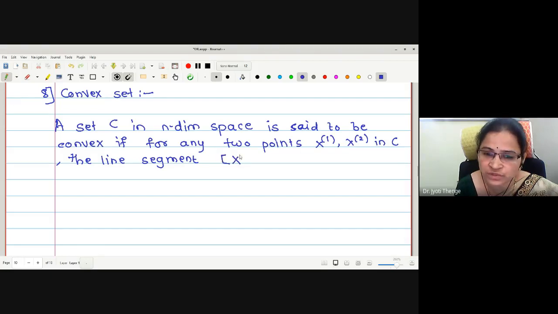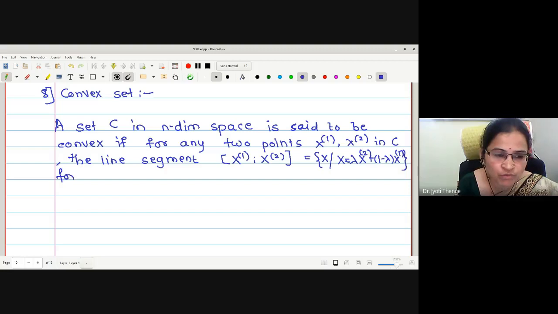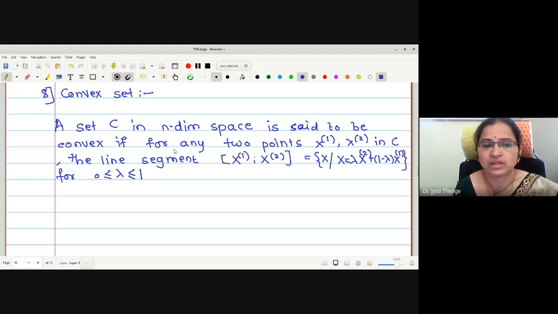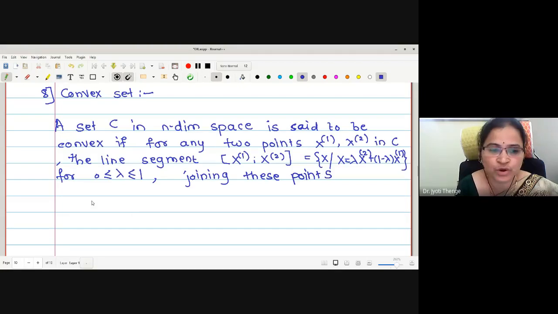The symbol we are using for the line segment is of this type, square brackets [x1 : x2], which is defined to be the collection of all x such that x equals lambda x2 plus (1 minus lambda) x1, for 0 less than or equal to lambda less than or equal to 1. The line segment joining these points is also in the set C.